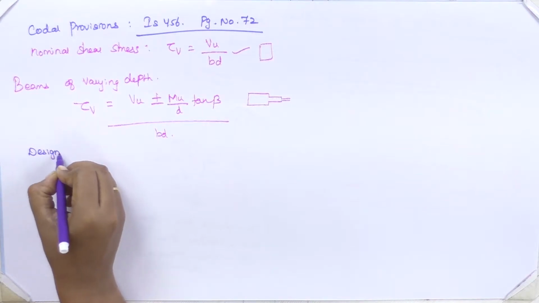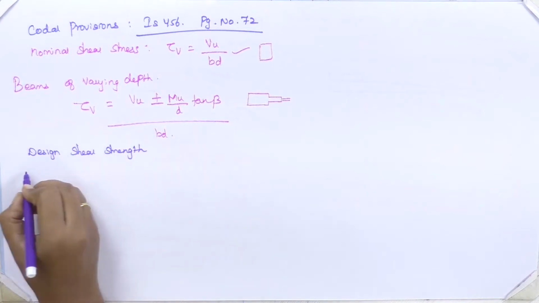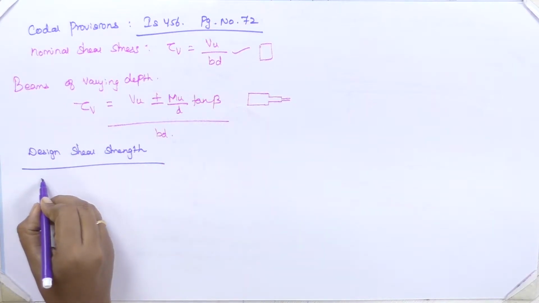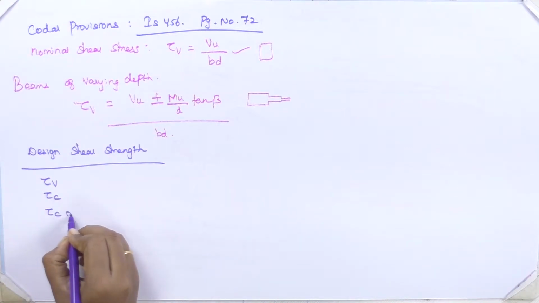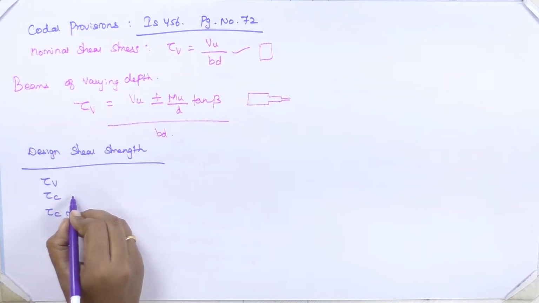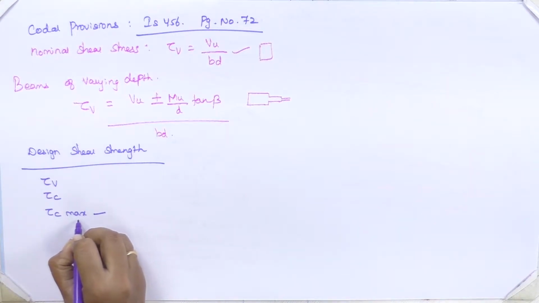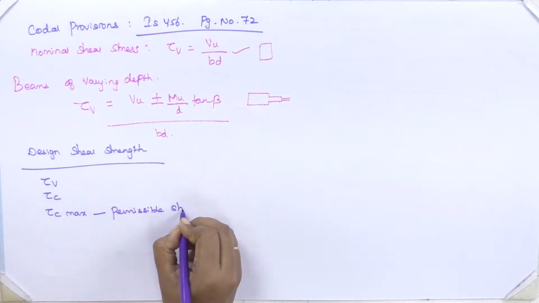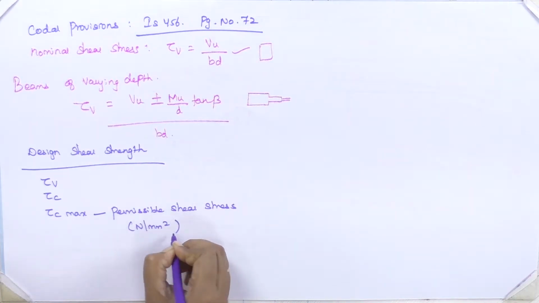Design shear strength. How to check my shear strength and how to design for it. The main things: one is tau V, another one is tau C, another one is tau C max. Tau C max is nothing but, as you can know from the name itself, the permissible shear stress, in Newton per mm square.